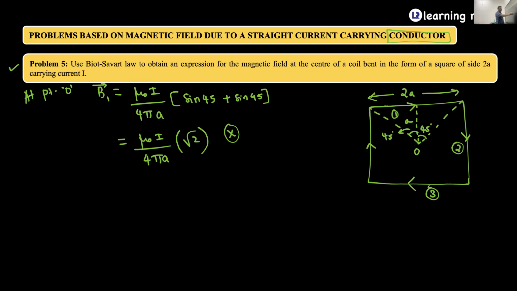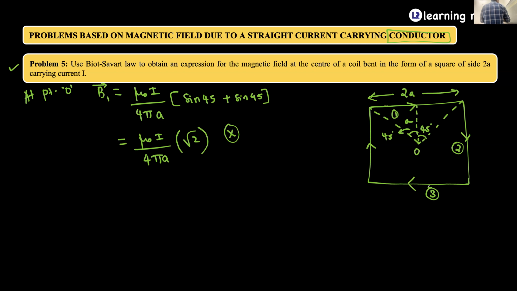I'm saying due to the third conductor, if you apply the right hand thumb rule, it is going to be into the plane. So due to the first conductor it is into the plane, and due to the third, it is into the plane. What about the second conductor? Keep it like this. Again, it is into the plane.